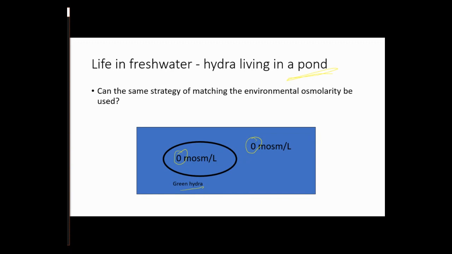Sodium, chloride, calcium, these are all salt ions, and they're used to make your muscles move. They're used to make your heart pump. They're used in basic cellular processes. So everything that happens in a body has to use some kind of salt. So we can't have no salt.